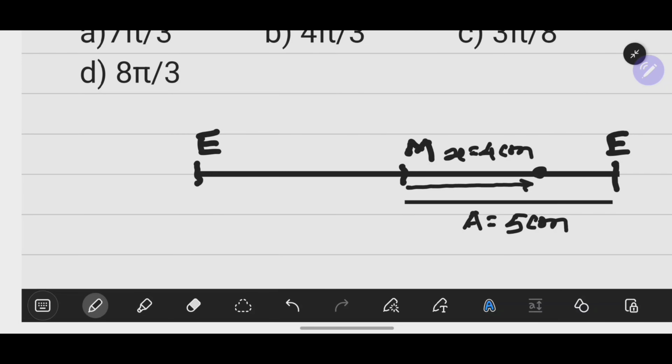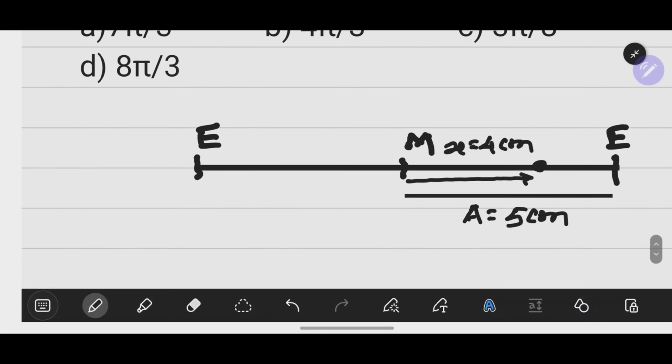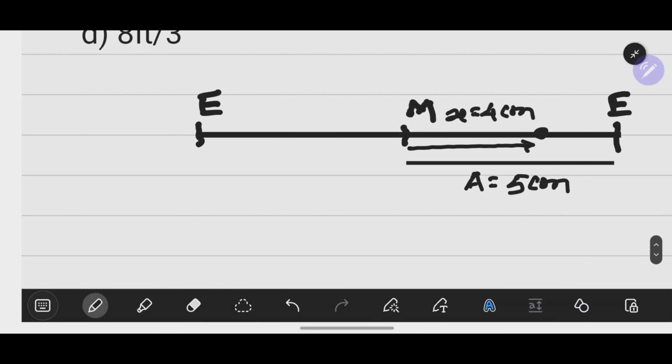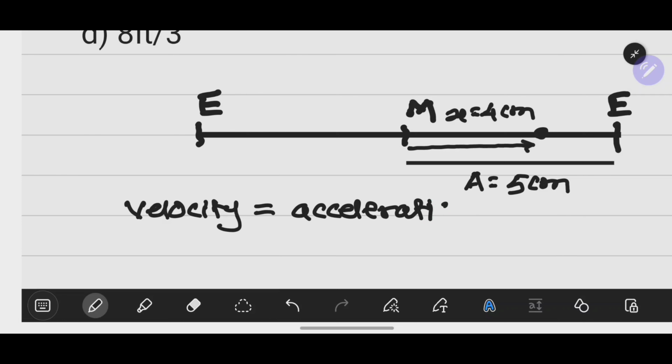Then I am going to equate the condition that the velocity is equal to acceleration in simple harmonic motion, in SHM. This is the condition.